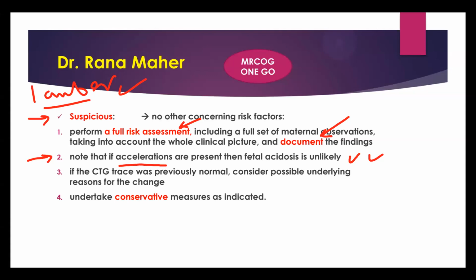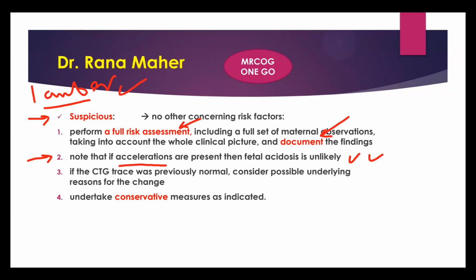If this patient is on oxytocin and there is increased contraction, we need to stop or reduce the dose of oxytocin. Or if the contractions are more than 5 and there is no resting time, we can offer this patient a treatment to reduce the contractions. So these are the conservative measures.